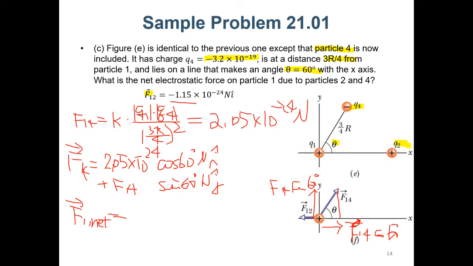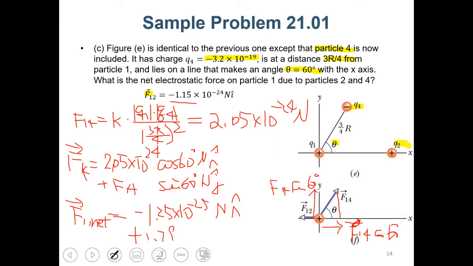So it will be nothing but minus 1.25 times 10 to the minus 25 Newton i hat, plus 1.78 times 10 to the minus 24 Newton j hat.